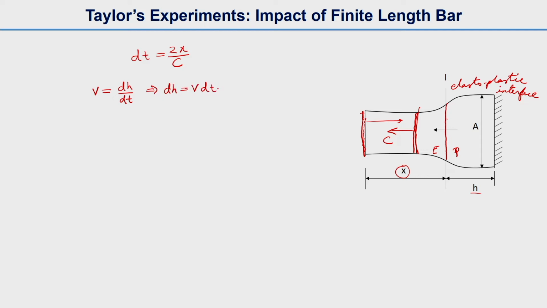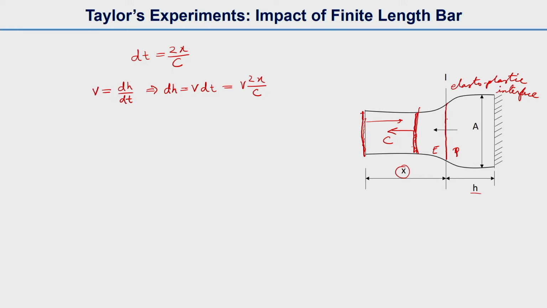So dh is the plastically deformed region thickness at time dt, which from the above relation we can write as v twice x divided by c.